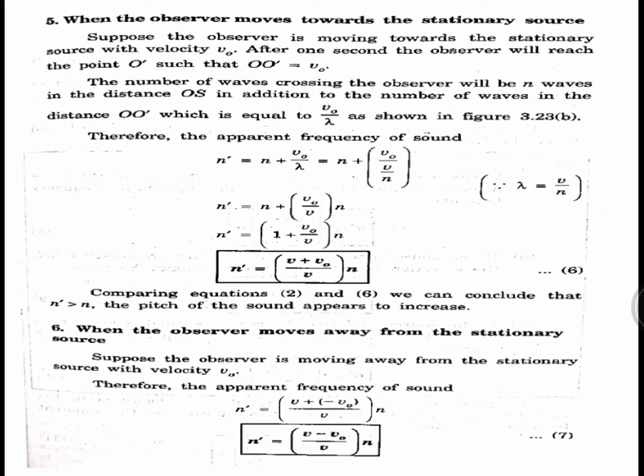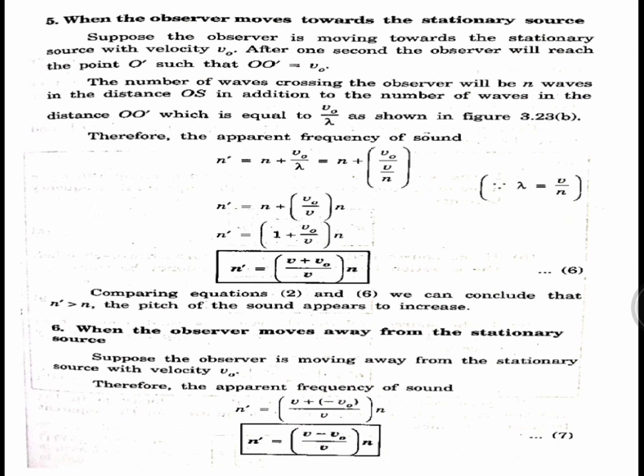That is equal to n plus Vo divided by lambda, and we know lambda is V by n. So from this we can write n dash is equal to n plus (Vo divided by V) into n. Here we can take n as common. Therefore, n dash is equal to (1 plus Vo divided by V) into n.